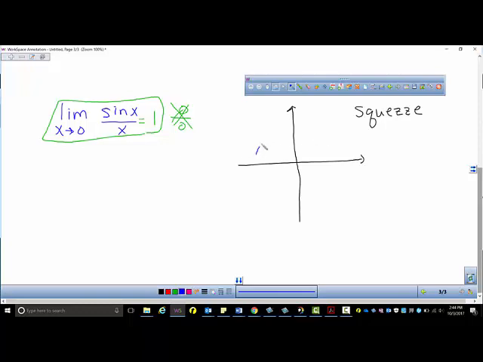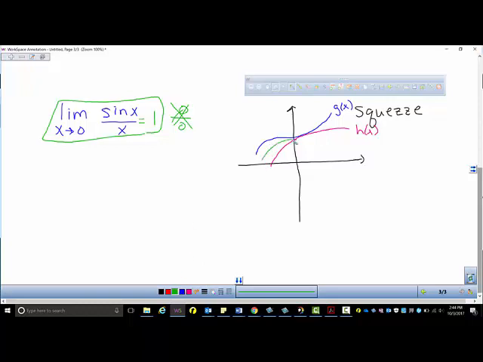What it means is maybe I have a function up here, we'll call that g of x. And then I have another function over here that goes like this, and we call that one h of x. And we know that at this point right here, they're equal. So if I have a third function that I want to just throw in there, I'll make it green.